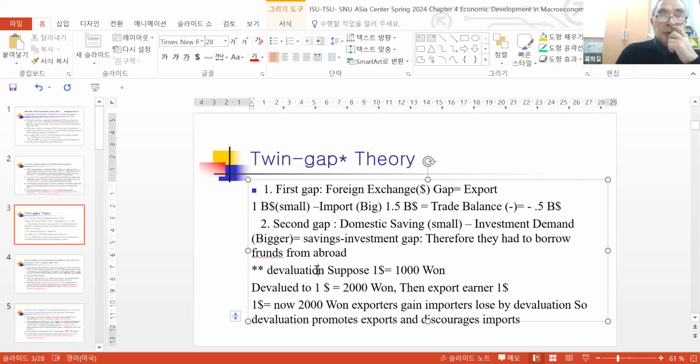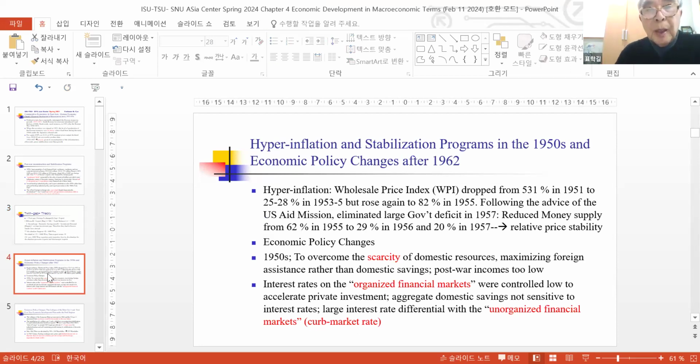Okay, so if you understand that, you can easily find out about hyperinflation and stabilization programs in the 1950s and economic policy changes after 1962. So hyperinflation, as I mentioned, the wholesale price index was at 531%, an almost unimaginable rate of hyperinflation in 1951, just after the Korean War.